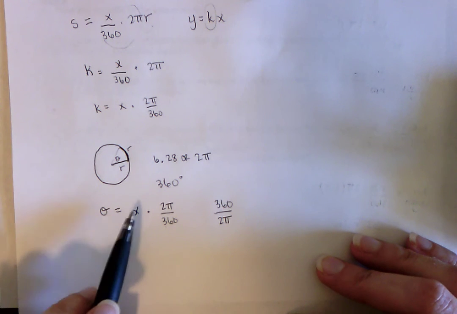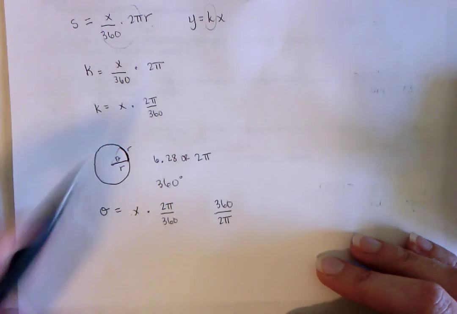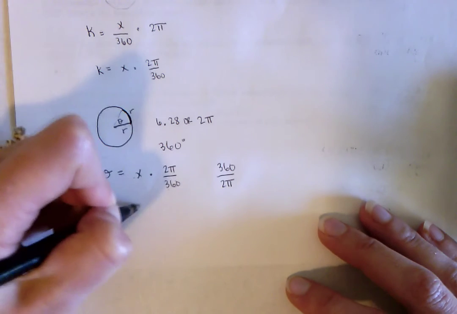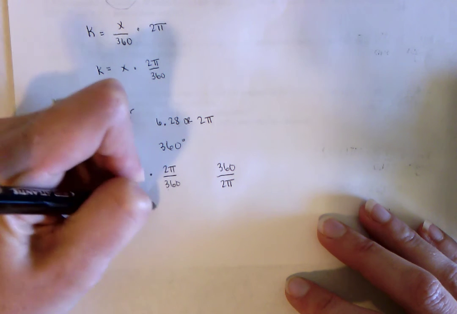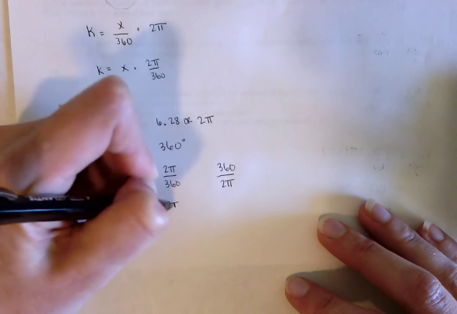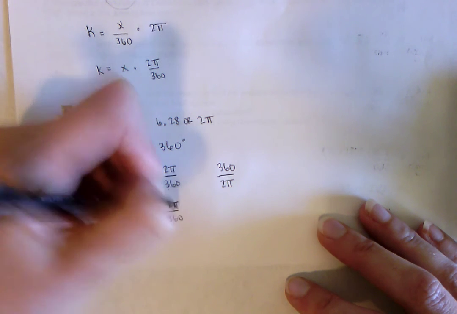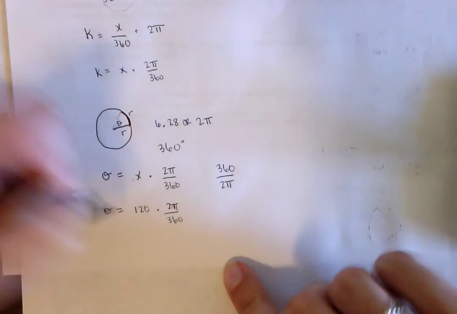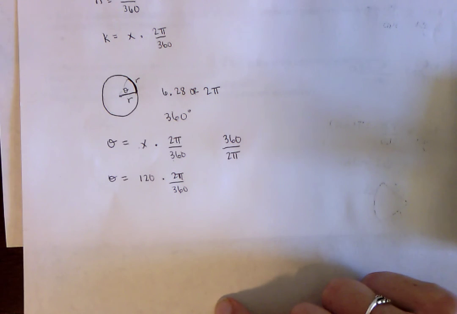But on this one, we're converting from degrees to radians. Hope that makes sense. So 120 times 2 pi over 360. That's going to be our theta in radians. Okay, that's what they want to know. That was the third question on step 2.